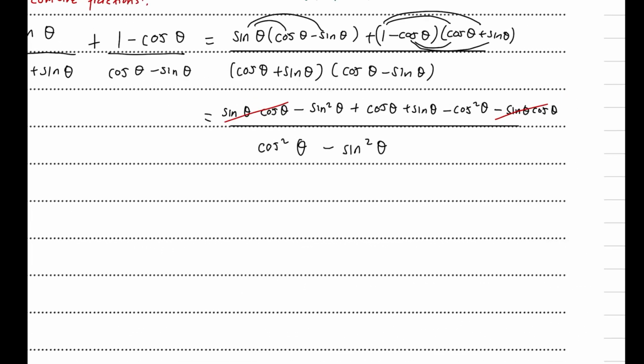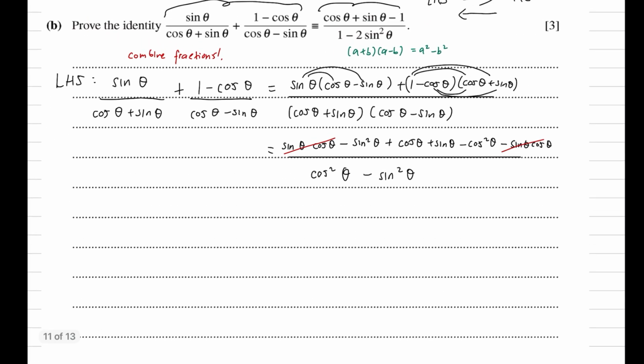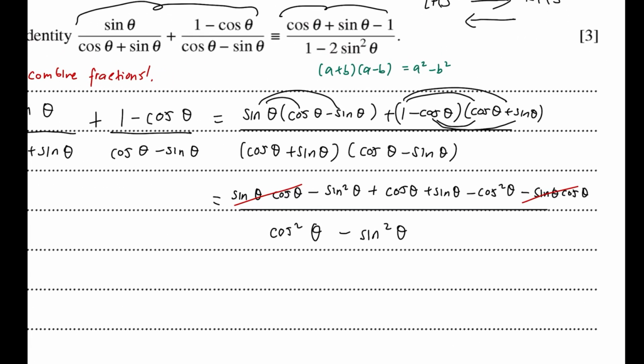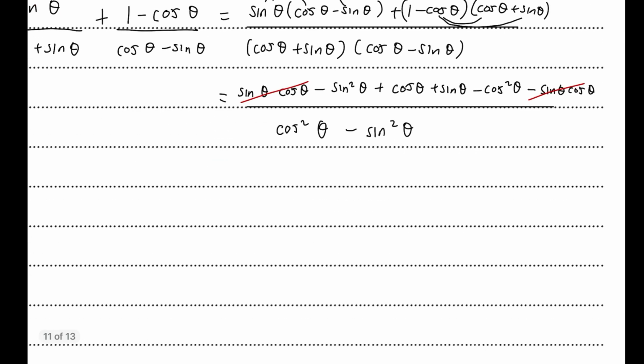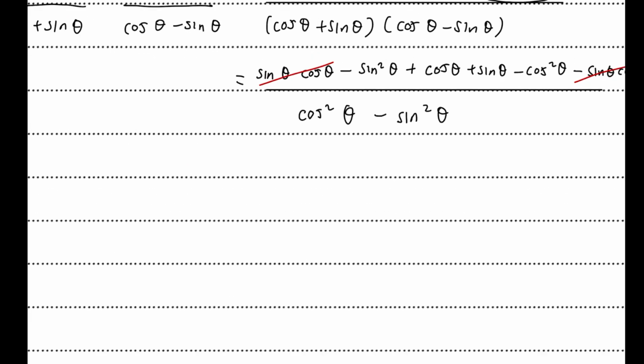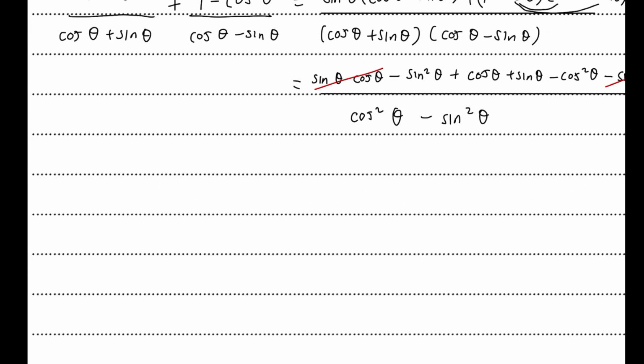Now, let's look at our goal here. Our goal here, at the bottom, we don't have cos theta. We only have sine theta, but how do we change cos square into sine square? There is one formula, which is cos square theta plus sine square theta equals 1.